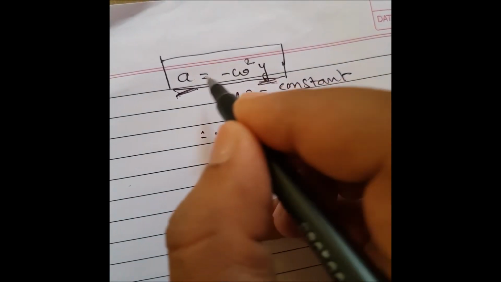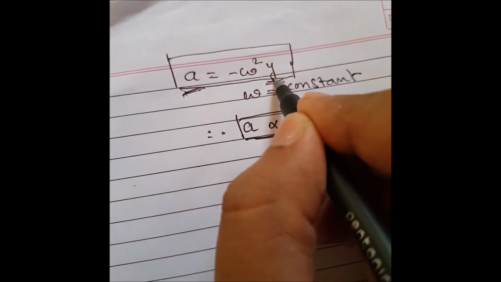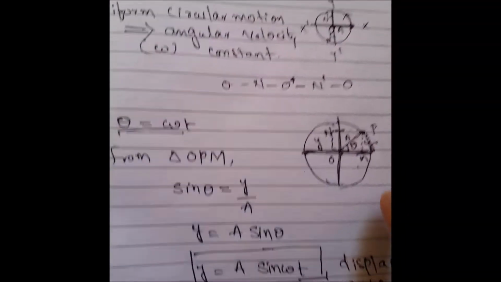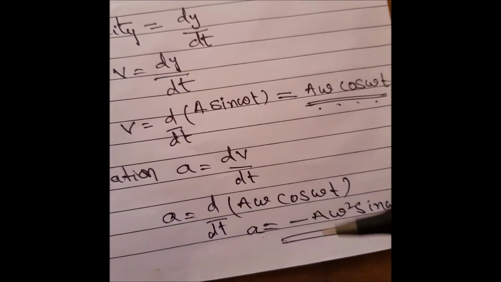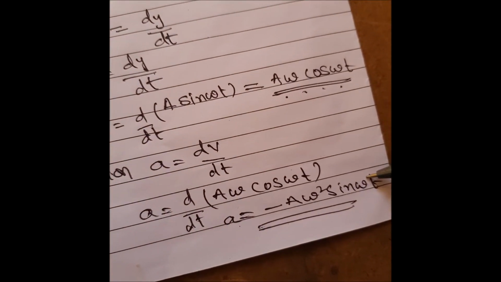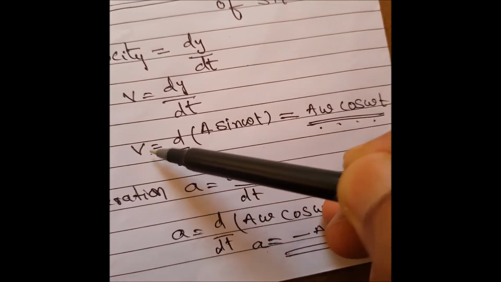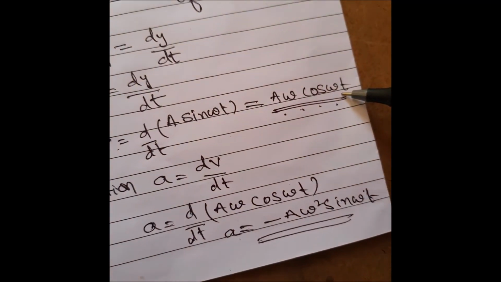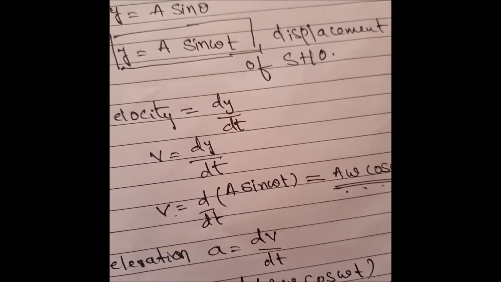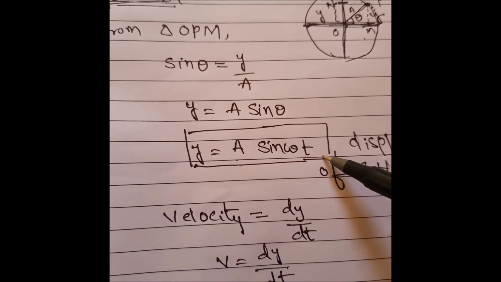If the question mentions the relation between acceleration and displacement, you can use this equation. If the question gives acceleration and time, then you can use the other equation. And of course the velocity we already wrote in terms of time, and it can also be written in terms of displacement. We will discuss it later. And this is the basic equation for displacement, y equals A sine omega t.